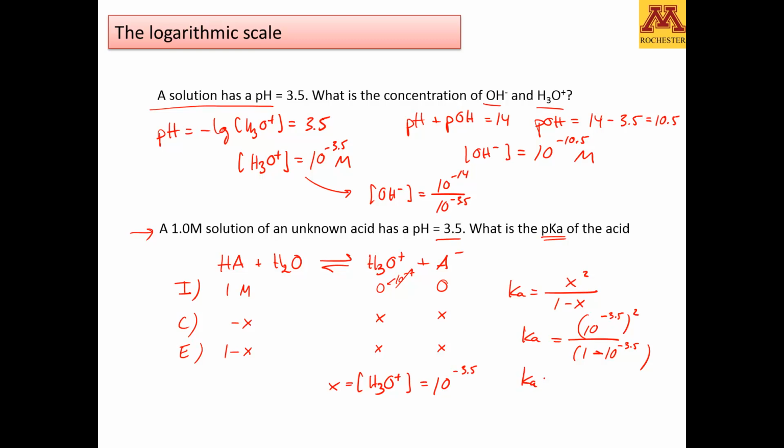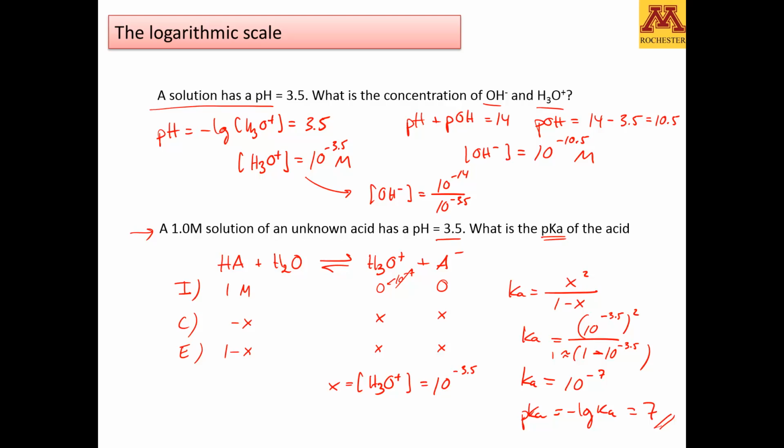If I approximate the denominator as 1, the Ka will be 10 to the negative 7. That means my pKa, the negative log of Ka, is 7. There you go. We got the pKa of the solution.